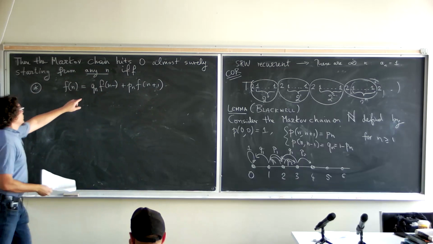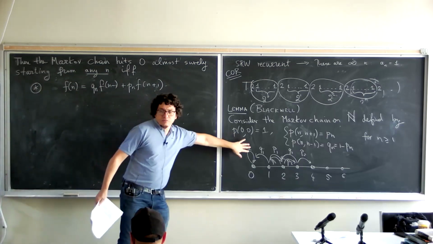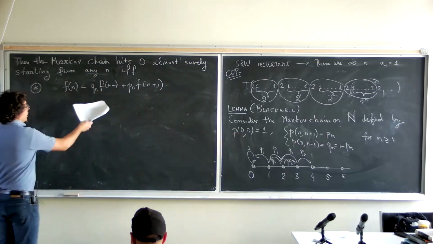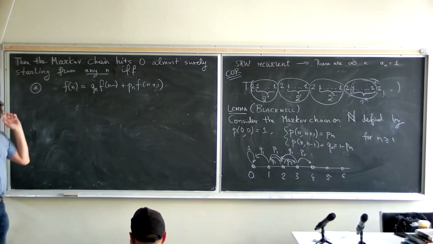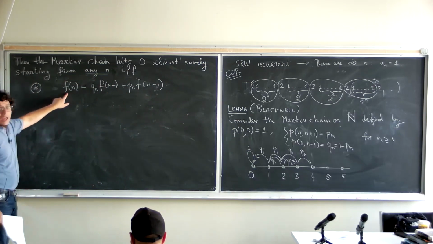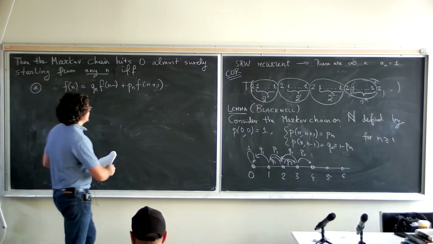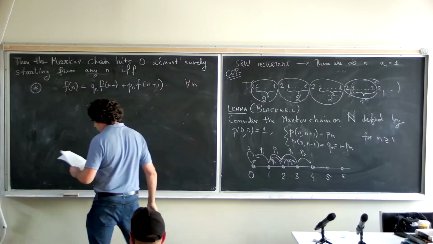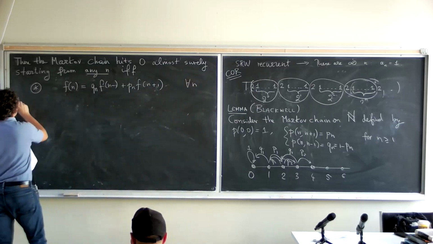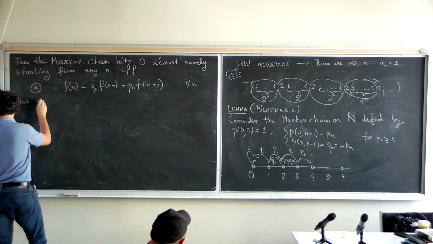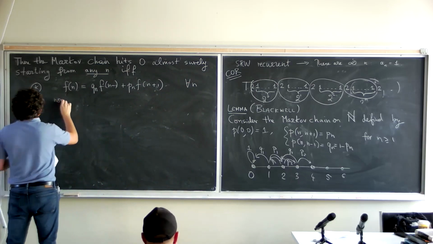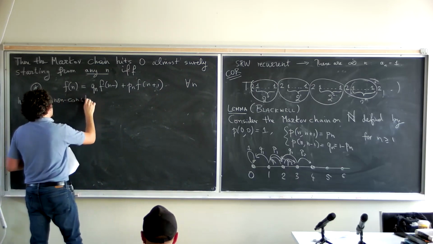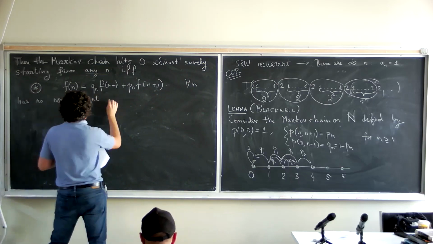So you're given the coefficients Qn's and Pn's from this model. And now you're asking about other solutions of this equation. So can we find some function f that satisfies this? So this is for every n. So if this equation has no non-constant bounded solutions.